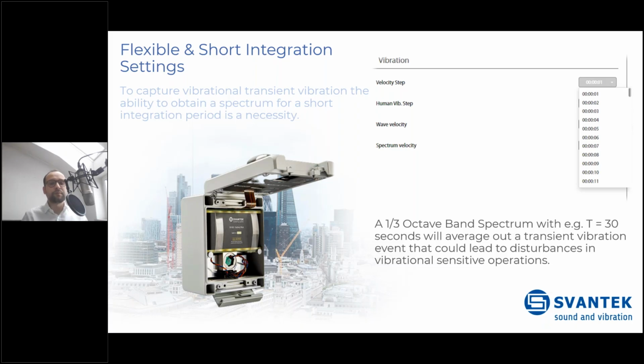If you have an integration period of 30 seconds and you are just looking after sudden peaks, that peak will lose a lot of its magnitude because of being averaged out over a too long period. So you need to have hardware that can do both short and long integrations depending on whatever it is you want to measure.